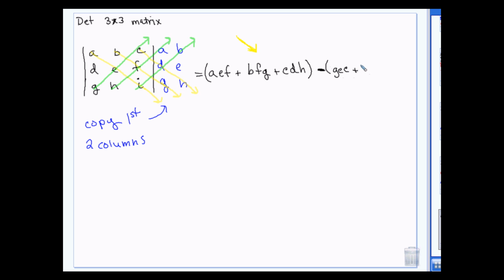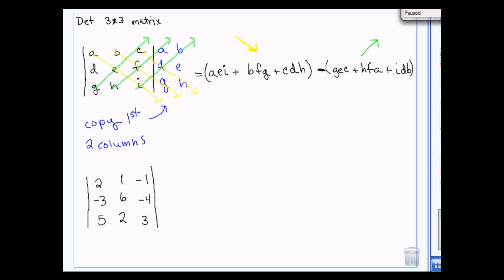GEC, HFA, and IDB. And these are the upwards green diagonals. So first we go down from the top corner, and then we go up from the bottom corner. So that was a good catch. This is not F, this is I.